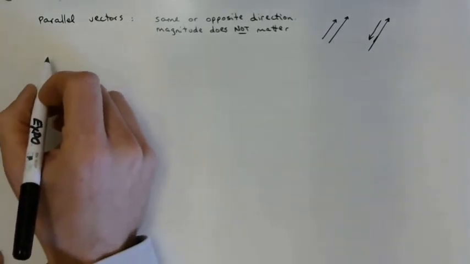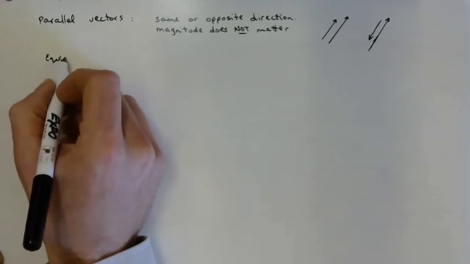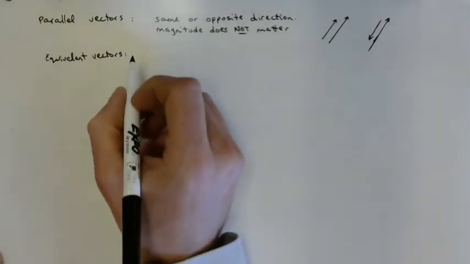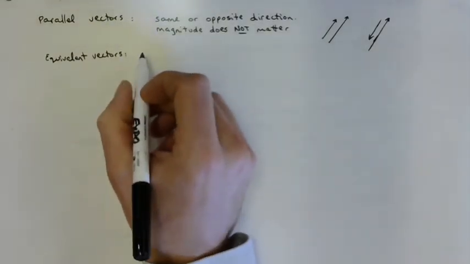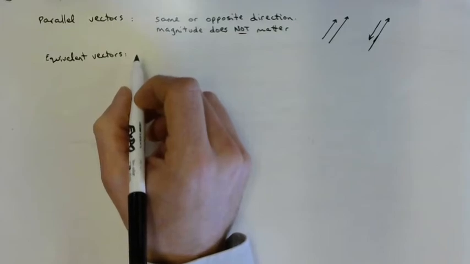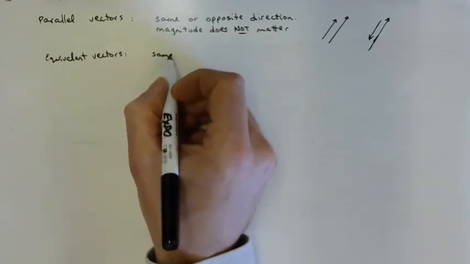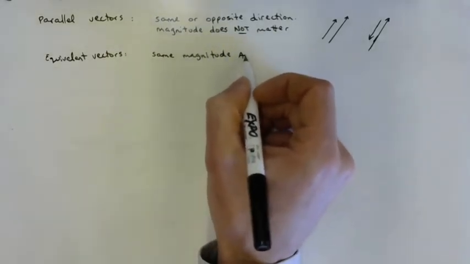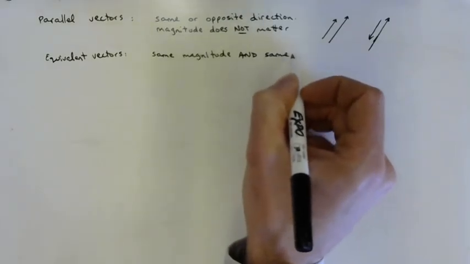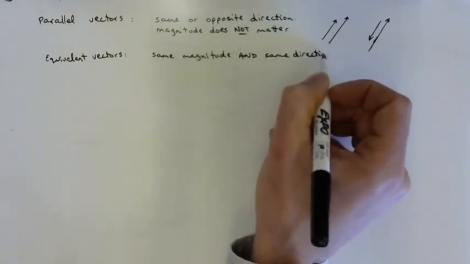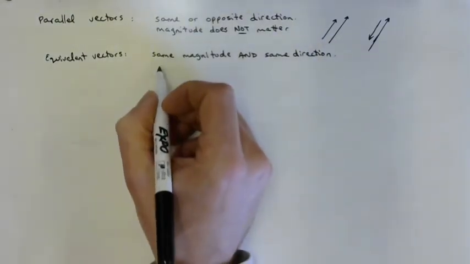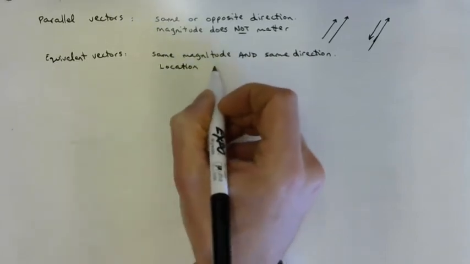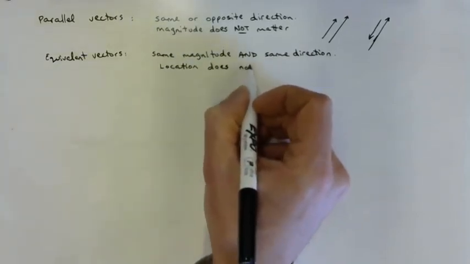Then we have equivalent vectors. They have the same magnitude and same direction, but that doesn't necessarily put them right on top of each other, because location does not matter.